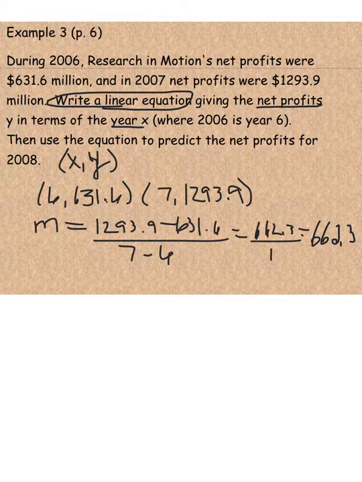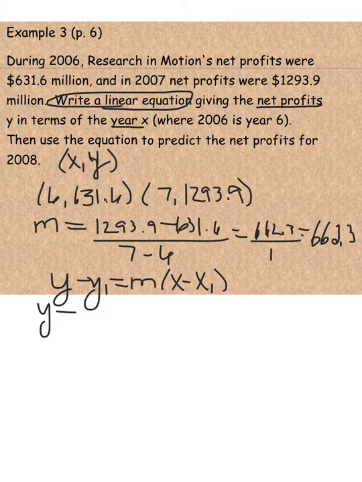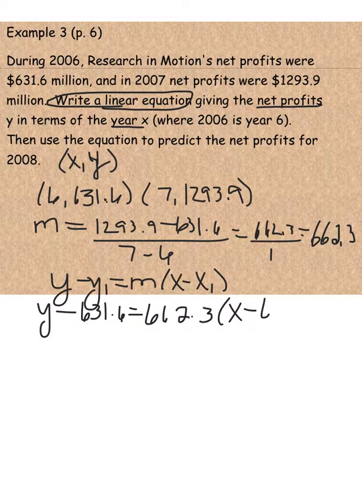In order to write the equation of the line, we need y minus y1 equals m times x minus x1. That's our point-slope formula. We can pick either point. I'll pick the first point. We'll use y minus 631.6 is equal to our slope of 662.3 times x minus 6. And we'll simplify this equation.